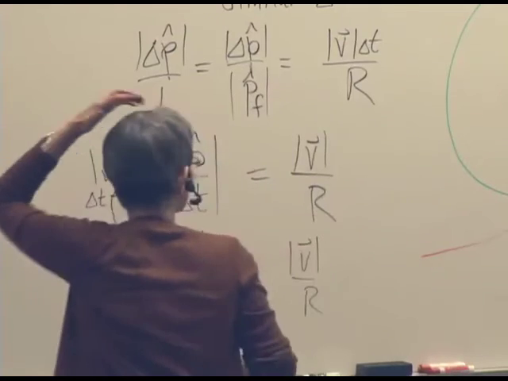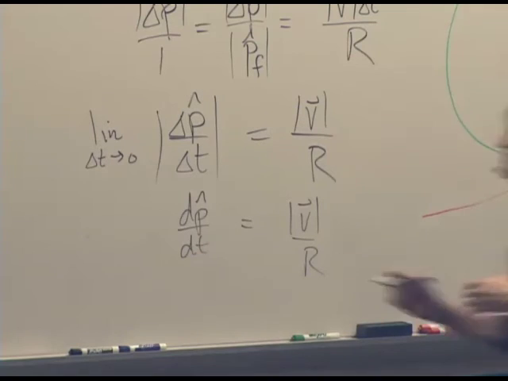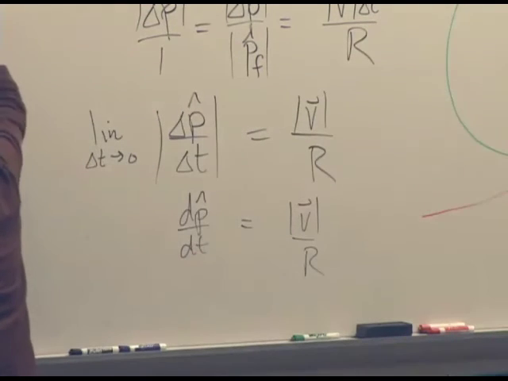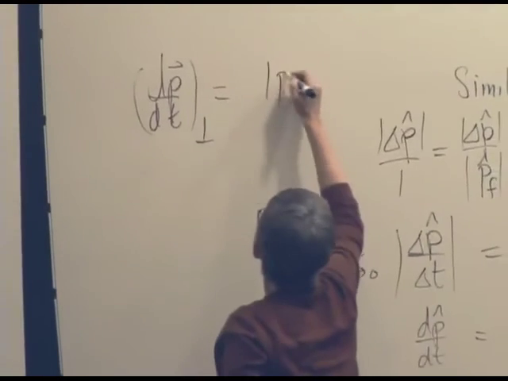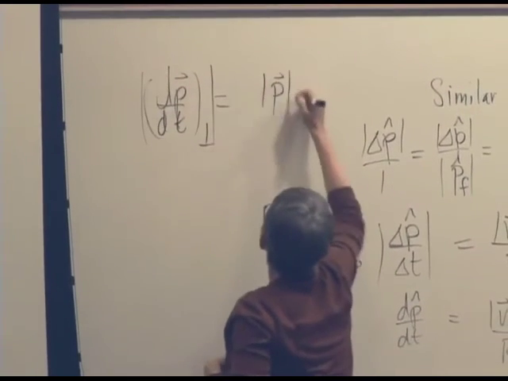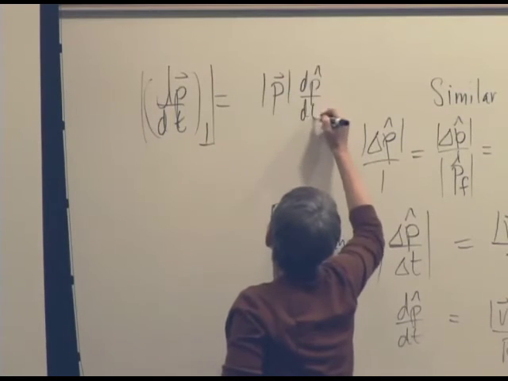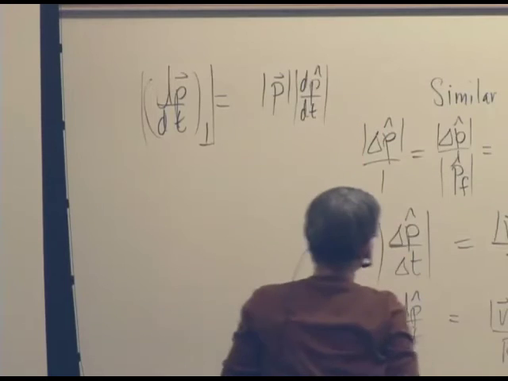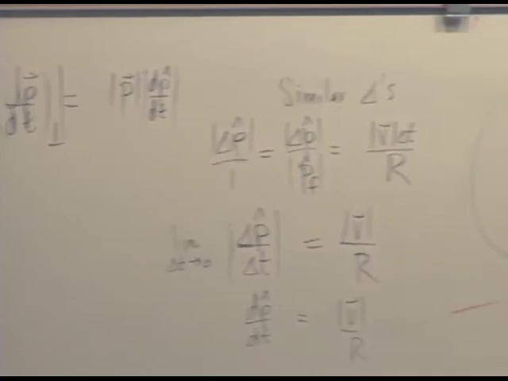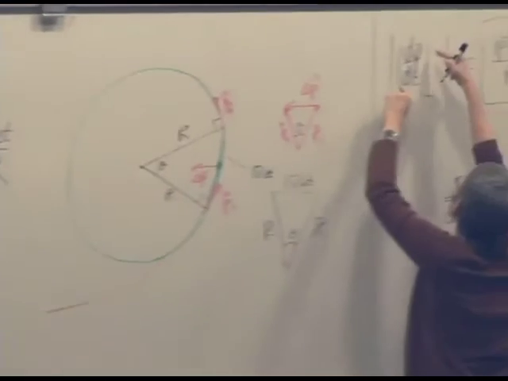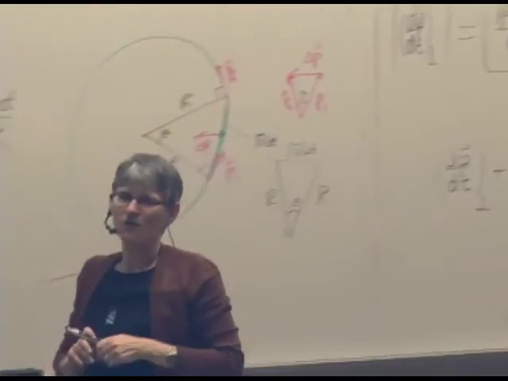And so this perpendicular component, dp/dt perpendicular, the magnitude of that was equal to the magnitude of the momentum times the rate of change of direction. So we end up with the magnitude of dp/dt perpendicular equal to the momentum times v over r.